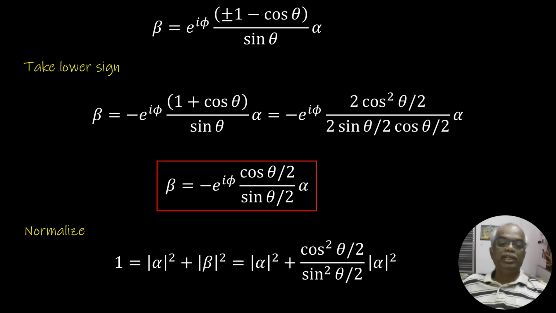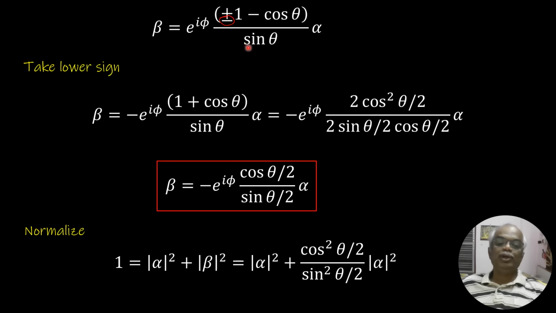Now we got this relation, beta equals e to the power i pi, plus or minus, (1 minus cos theta) over sin theta, times alpha. Earlier we have seen the upper sign, that is positive. Now you can take the lower sign, that is minus.